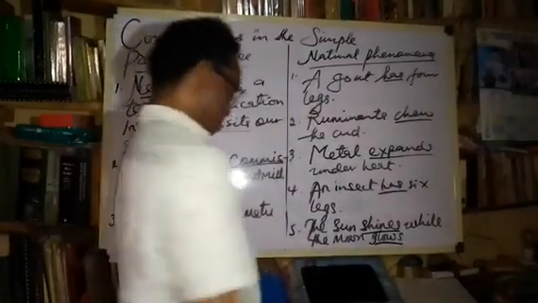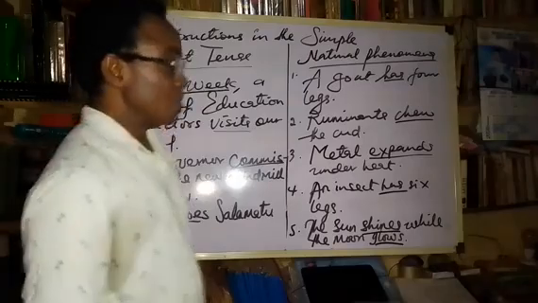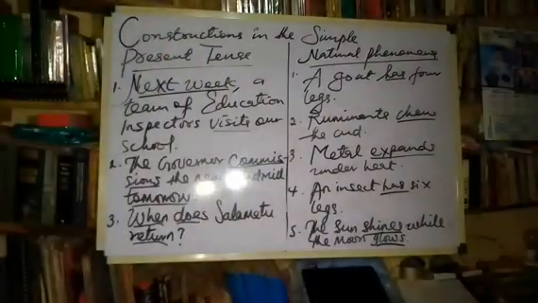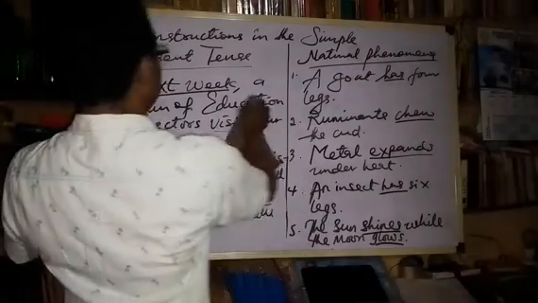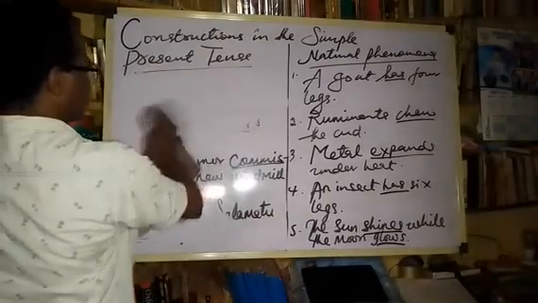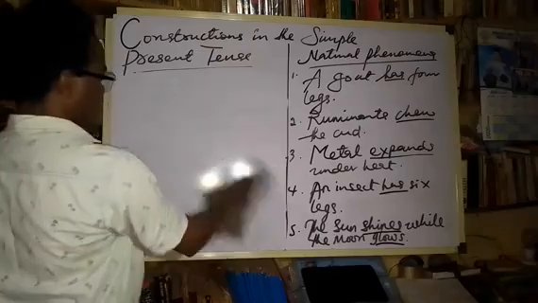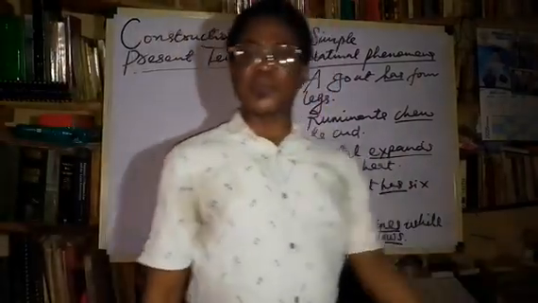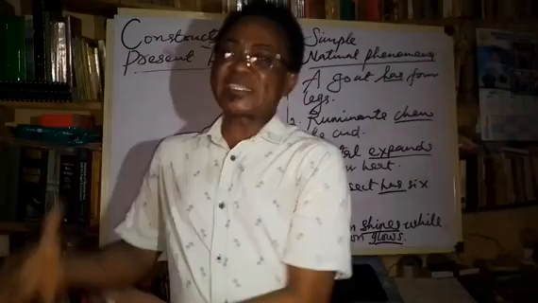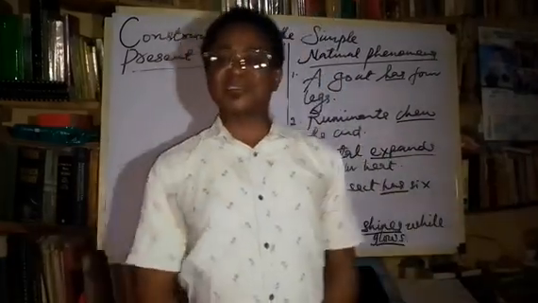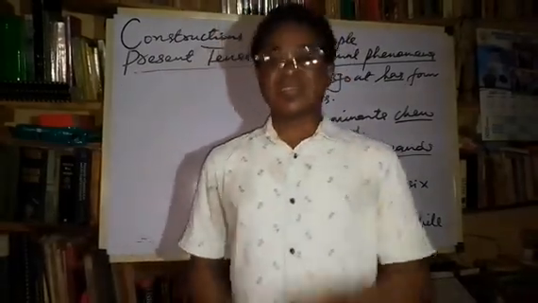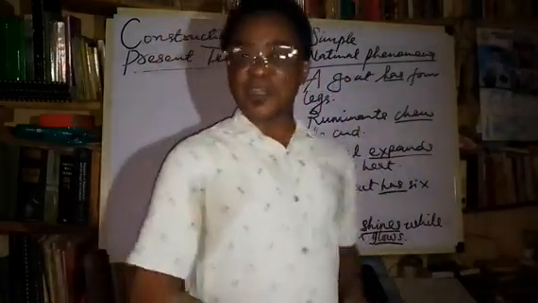Let us continue. What other use do we put the simple present tense to? We use this simple present tense to talk about actions that are associated with certain institutions or organizations. Actions that are known to relate to certain institutions or organizations. Let's take 4 such examples.